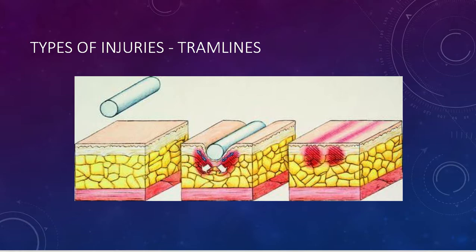When it's coming down on the skin, it's pushing that into the tissues, and it leaves these parallel lines with central sparing or central clearing in the middle. Sometimes you can even tell if it's a round object, it may have smoother, less well-defined edges. If it's a rectangular object, you may have more clearly defined margins along that tramline appearance.